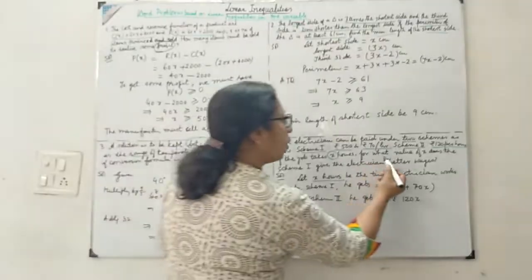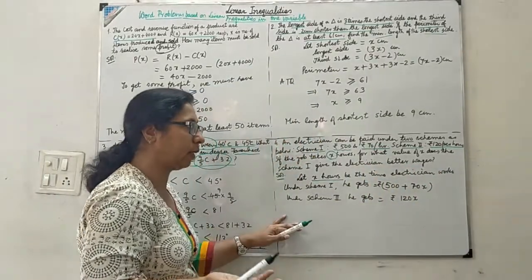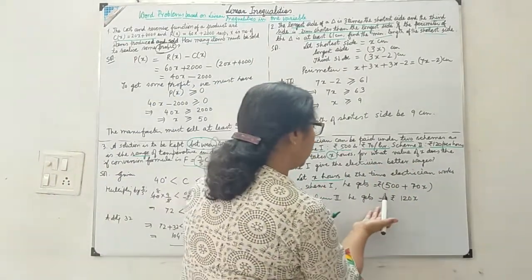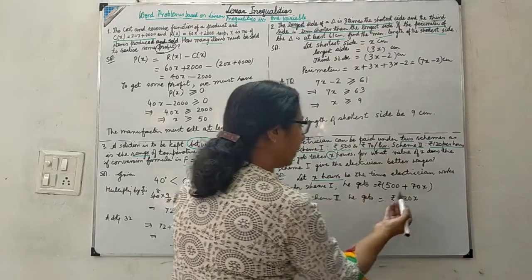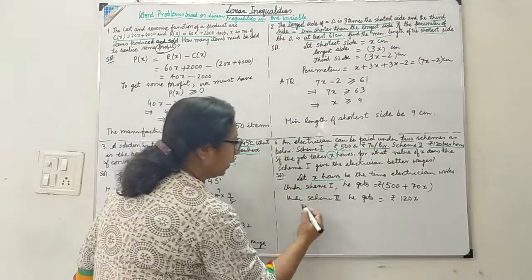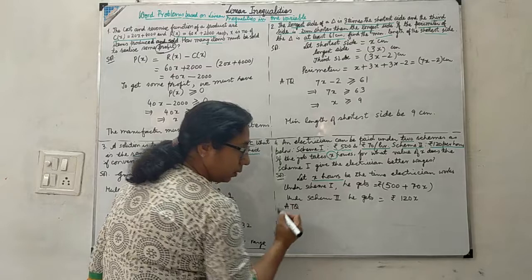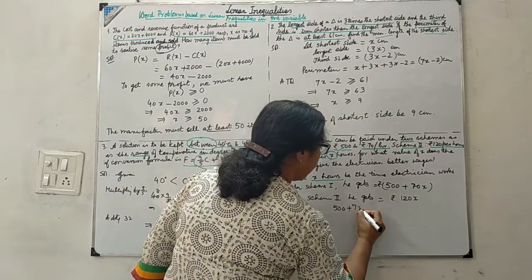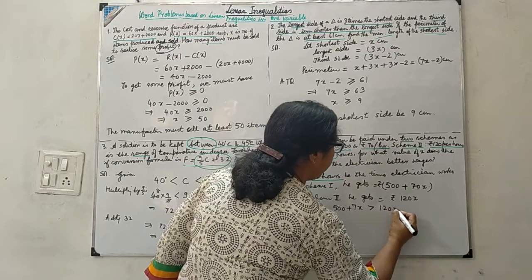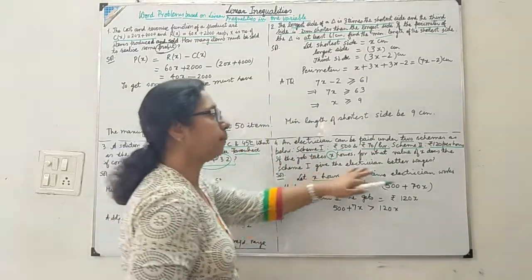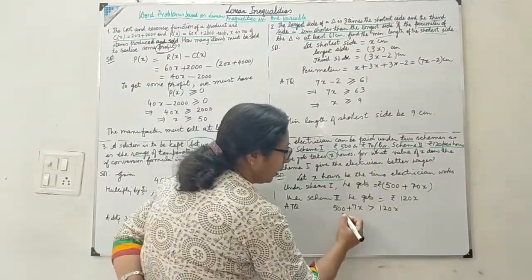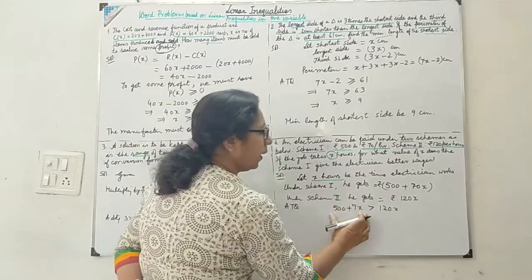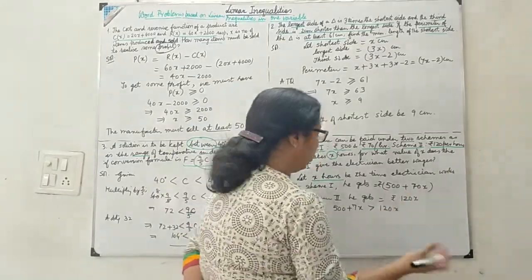Now, for what value of x will scheme 1 be better than scheme 2? We want to find that. According to the question, we will be checking 500 plus 70x greater than 120x, the scheme with better wages. So we want scheme 1 wage greater than scheme 2 wage.